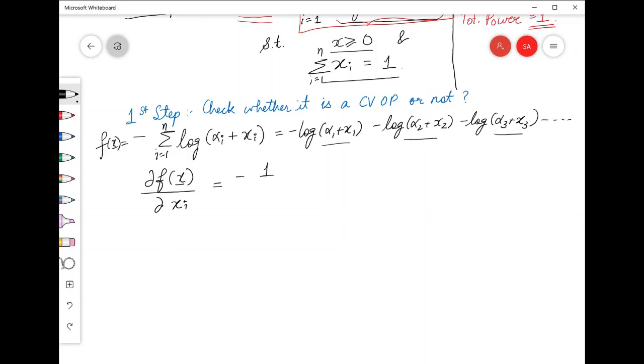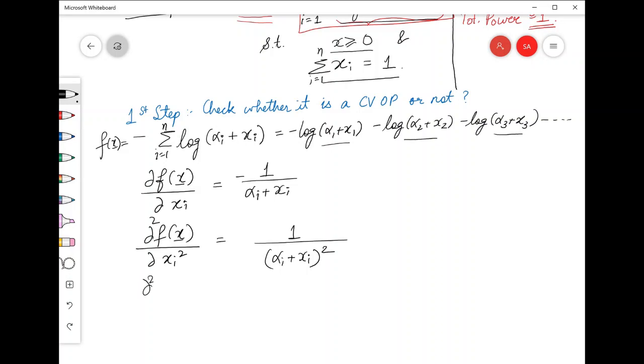So that will be equal to minus 1 over (alpha_i + x_i). This is the first derivative. If I want to find the second derivative with respect to x_i squared, then it will be 1 over (alpha_i + x_i) whole squared; the minus goes away and in the numerator it will be 1. Can you verify that part for me? So you are going to get this, right?